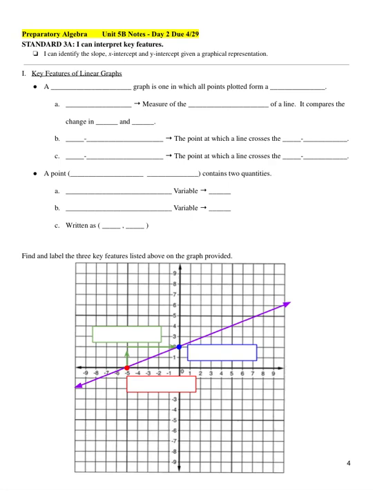So first we have a linear graph is one in which all points plotted form a line, okay? So linear, line. This also represents a linear equation. So when we have just a line like this, it represents a linear equation or a linear graph. So let's go ahead and add that to your notes.